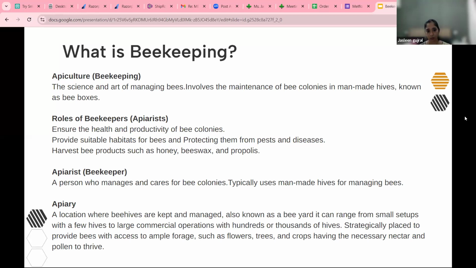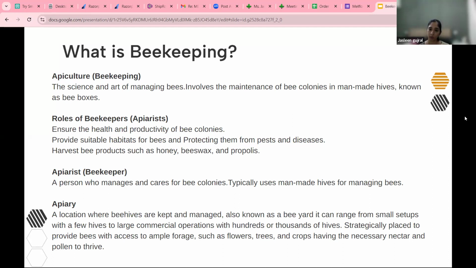It is basically managing the bee colonies in order to take the benefits of the bees, like extracting the honey, the beeswax, and propolis. These are the byproducts which you get when you manage them properly. Beekeeping is also known as apiculture. Apis means bees in the science language.